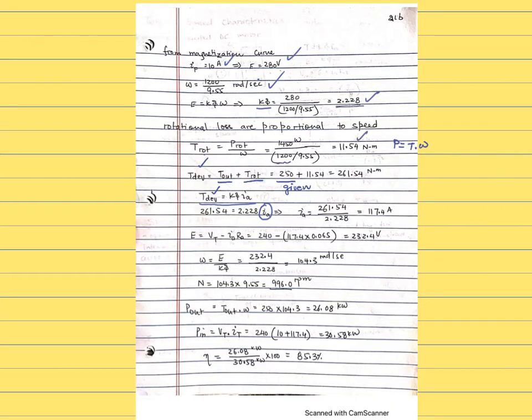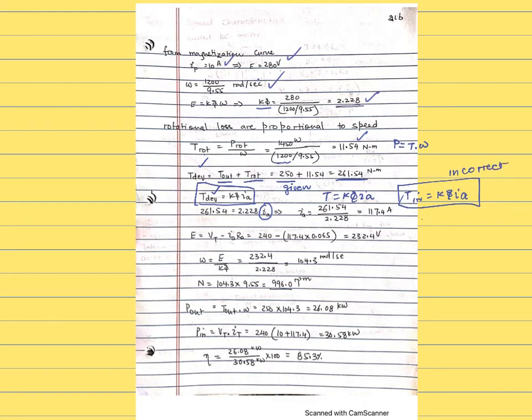We'll calculate that and sum up to find the developed torque by the machine. In the equation T equals K phi IA, the torque is only the developed torque. So you can't say T output equals K phi IA. This is incorrect.